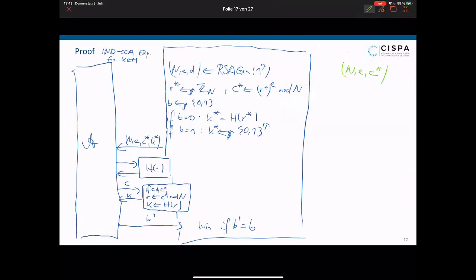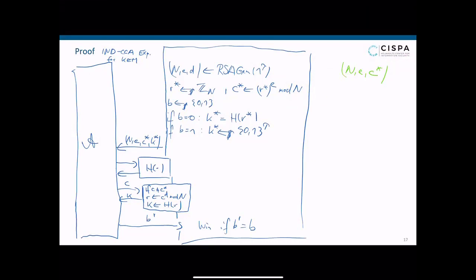I mean, it seems pretty straightforward to use that N instead of this N up here, the same thing with E, right? To use E, and instead of using this C star, to use the one we're given here. But what's the issue now? Is this all that I need, or is this already sufficient?